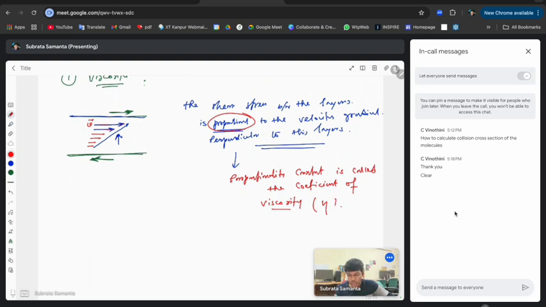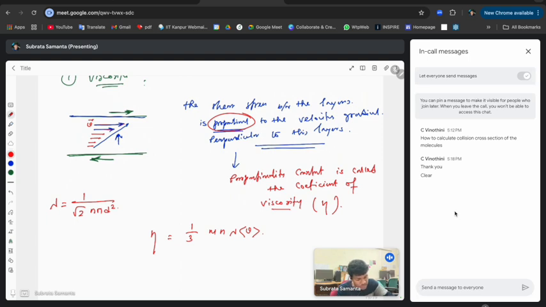Eta. So what is the value of eta? Eta is 1/3 m n lambda v average, where lambda is the mean free path, which is 1/(root 2 n pi d squared), and d is the diameter.